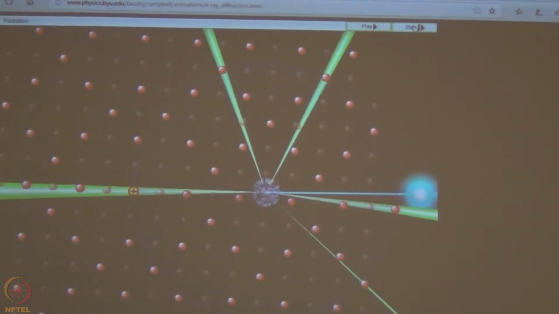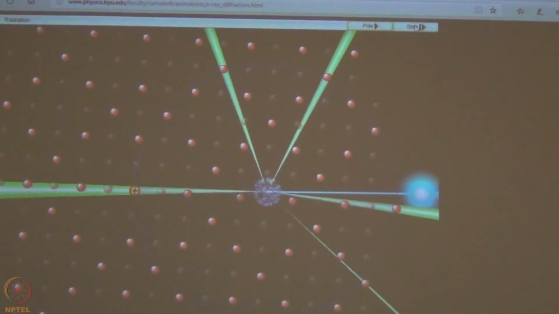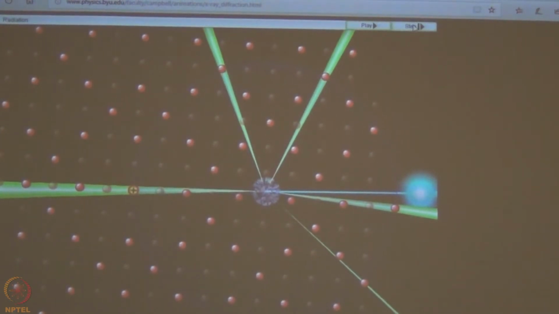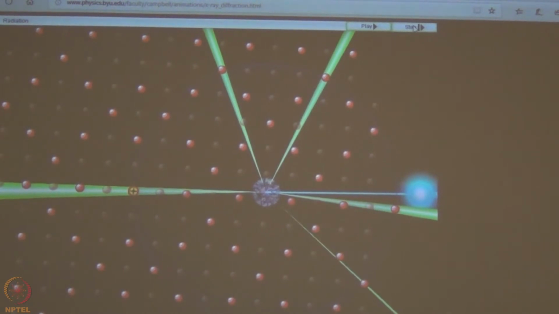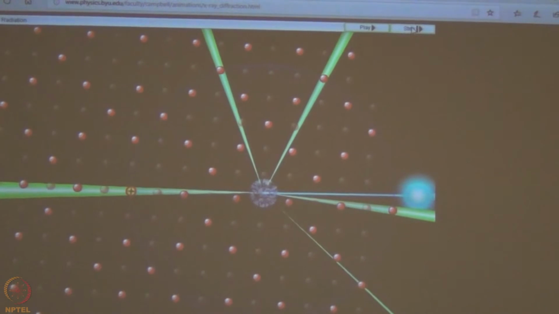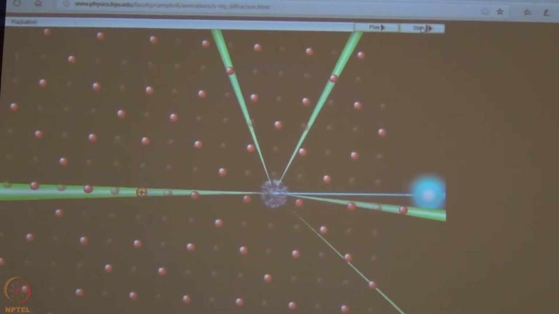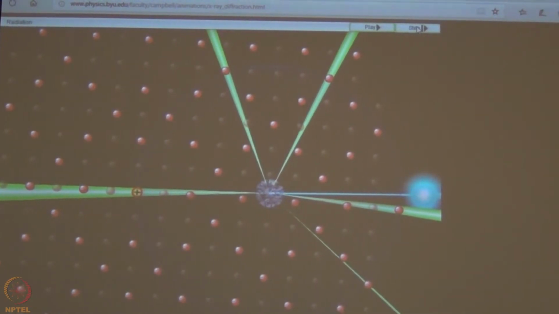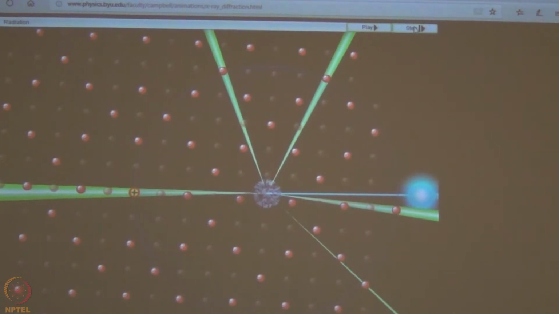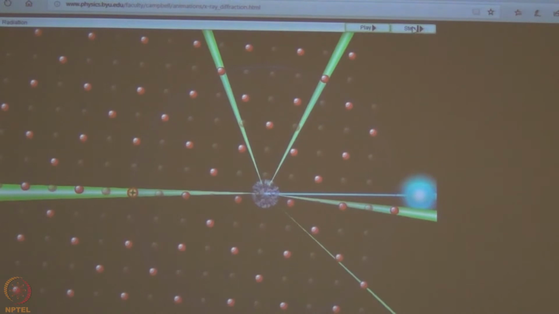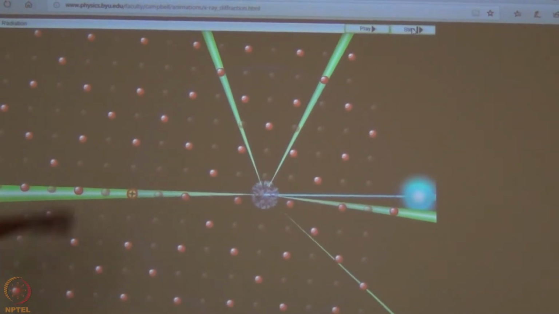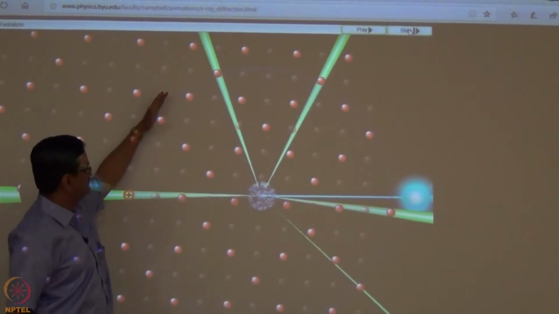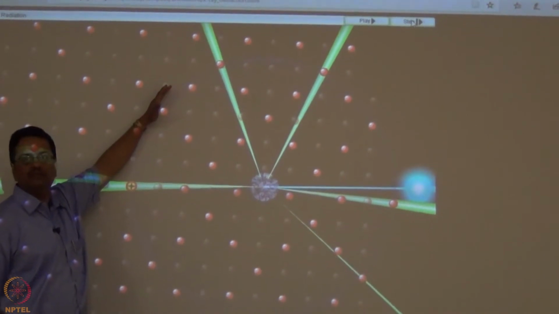So there are three different angles about which one can orient the crystal, two different angles about which one can rotate the crystal, and a fourth angle, which is 2 theta, the position of the detector, which also can be changed. Suppose you have placed your detector somewhere here, exactly the place where I have put my hand.